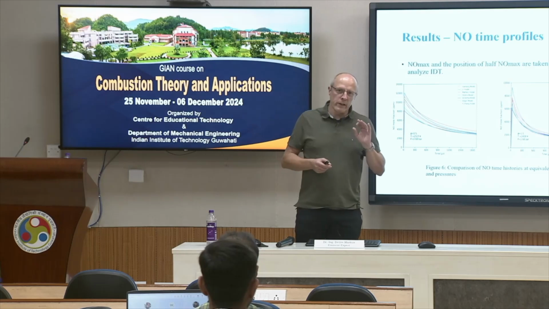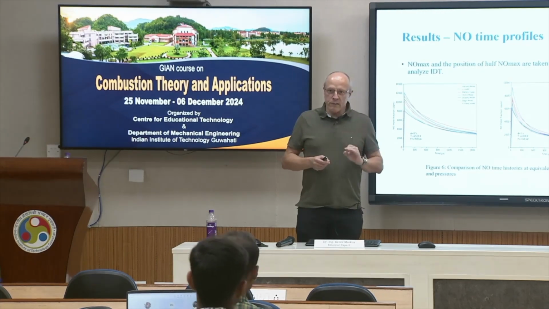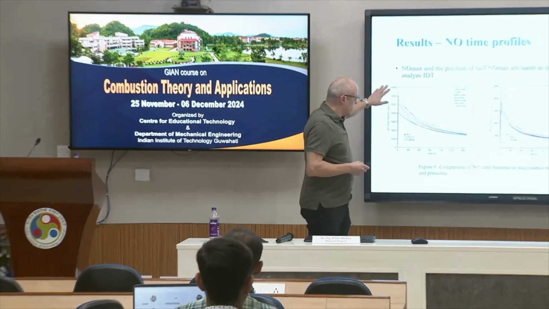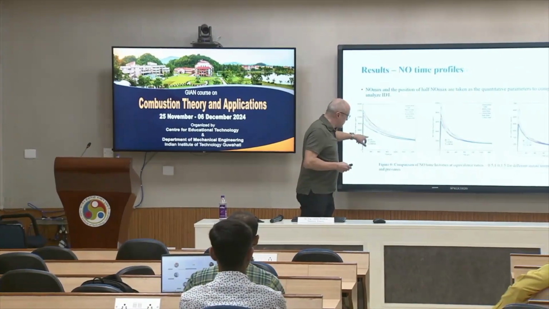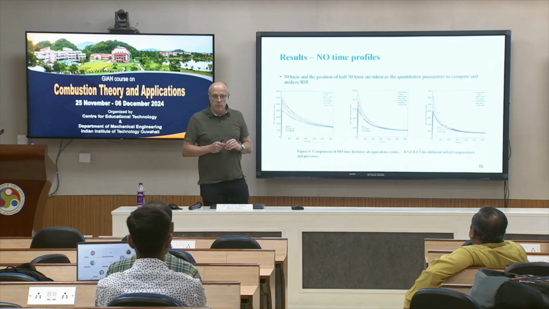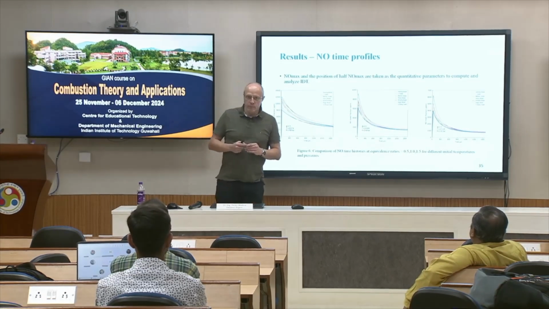There can be so many errors, and you always have to double check. Here, just an example. We increase ammonia from 0.5 to 1.5. We increase the equivalence ratio, we increase the amount of ammonia. Nevertheless, NO decreases.